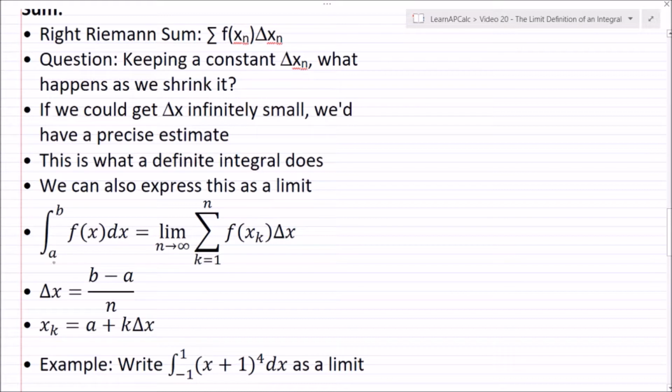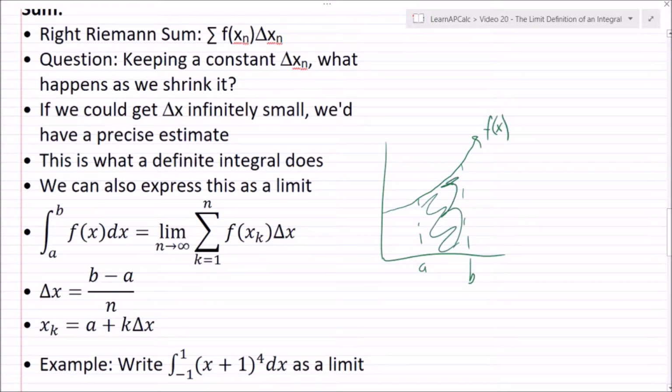So the definite integral from a to b of f of x simply represents this. That represents this exact area. Well, that would also equal a Riemann sum with an infinite amount of subintervals, which is this.